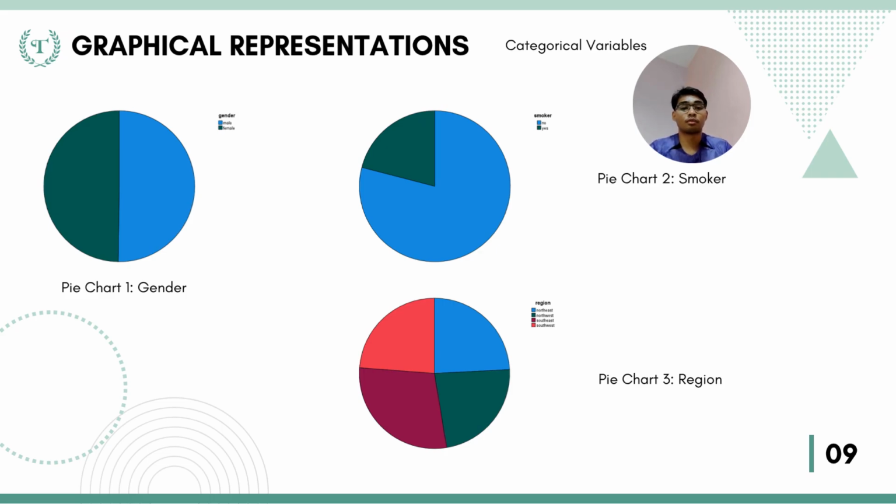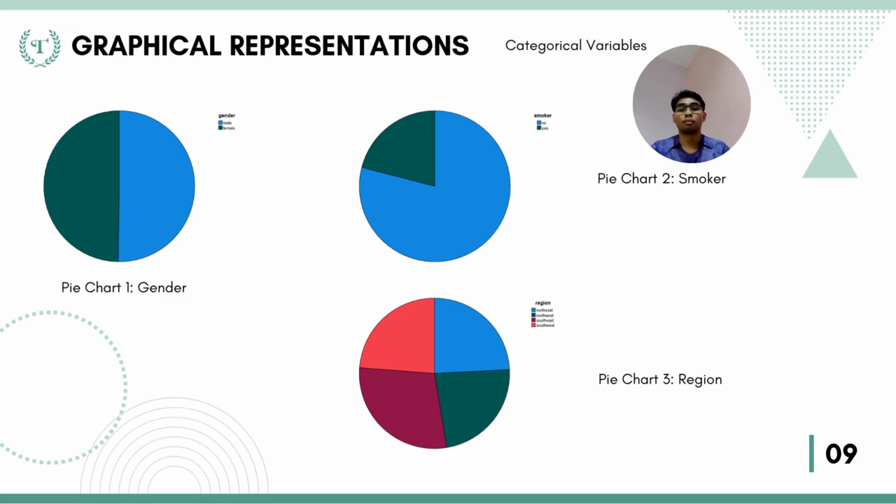So next we move on to the graphical representations. In this slide we will talk about visual representation, which makes it quick and easy to see the pattern of distributions and relationships within the dataset. The most important variables in this dataset are shown in the following charts.